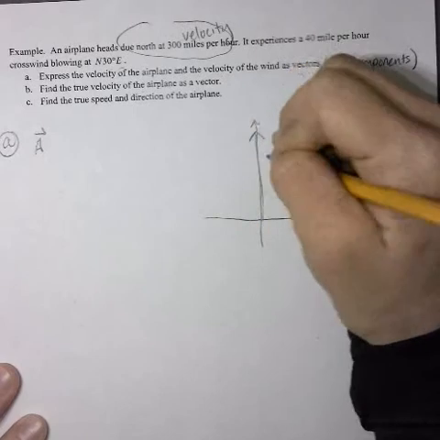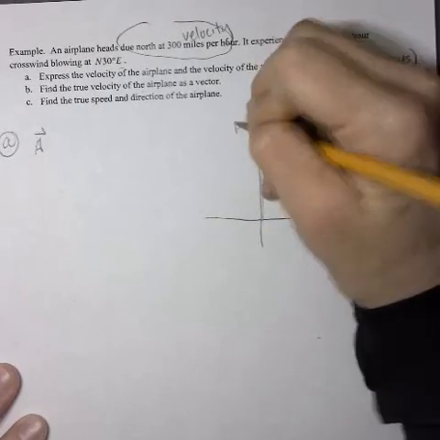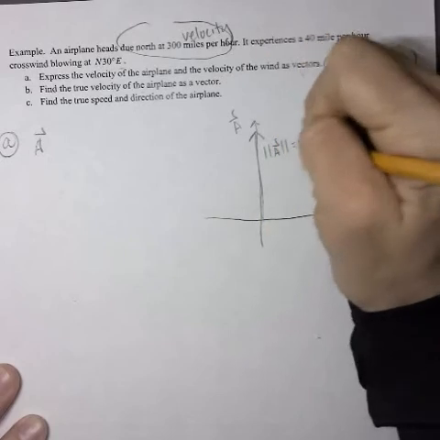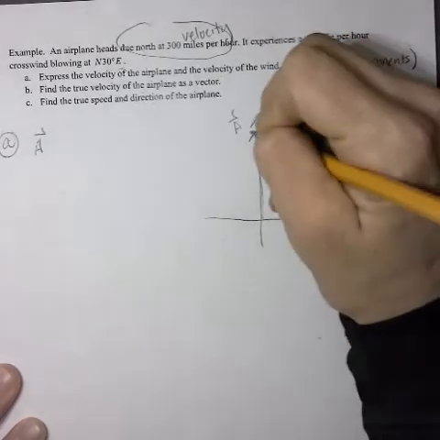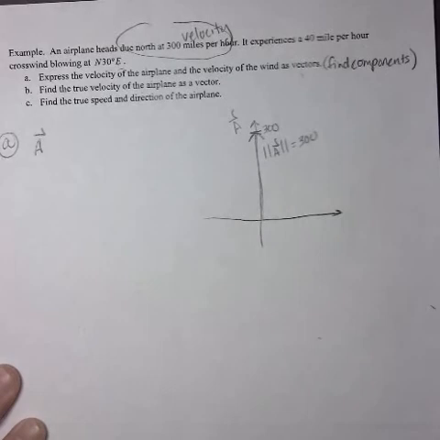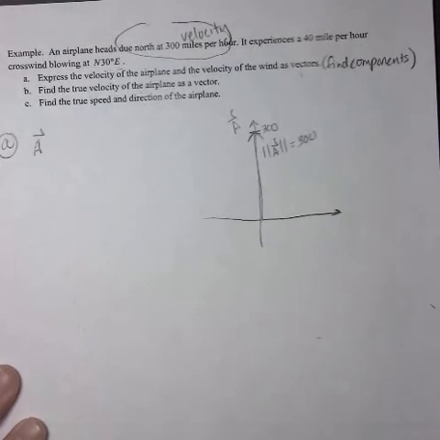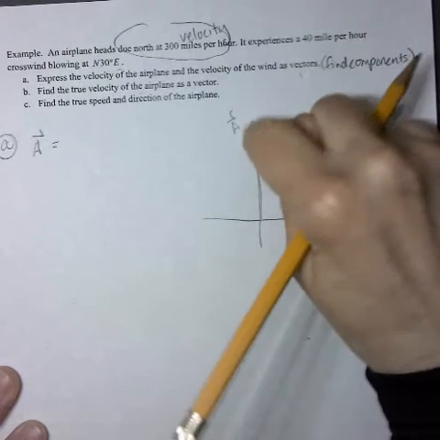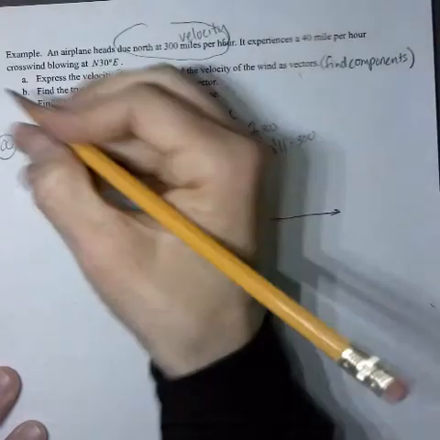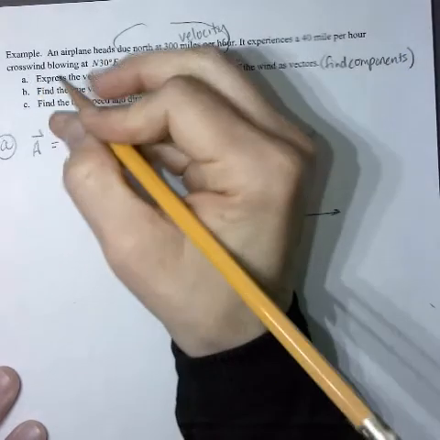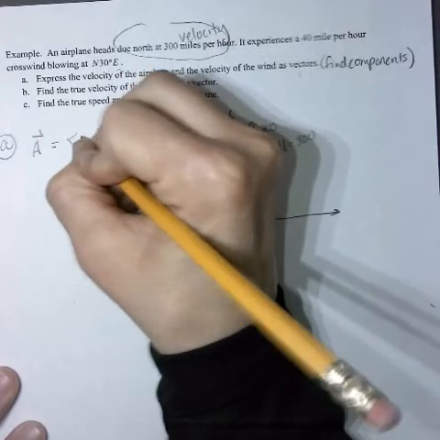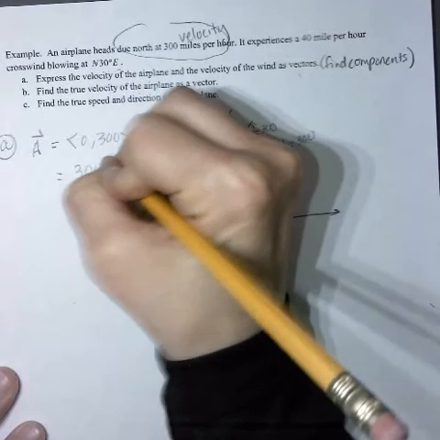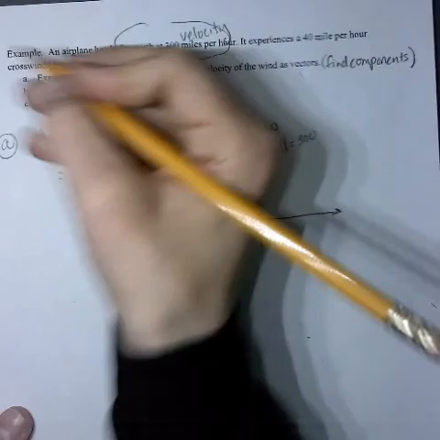So if this is vector A, the magnitude is 300. That's the length of this vector, right? This would be up 300 units. Well, you don't need trigonometry to figure out the coordinates at the tip. It's just going to be 0, 300. So you can do 0, 300 using this notation, or 300J. So this is the one I'm going to use here.